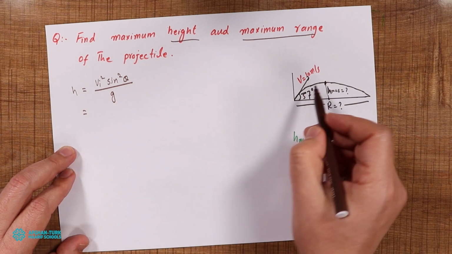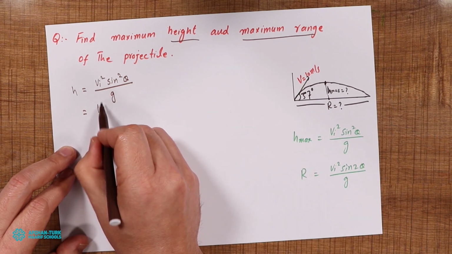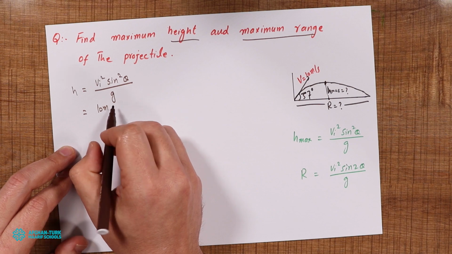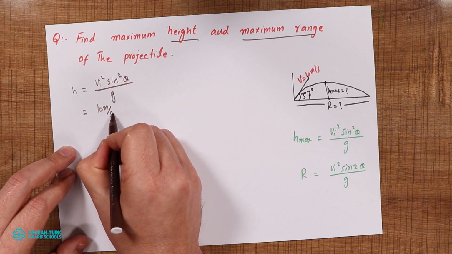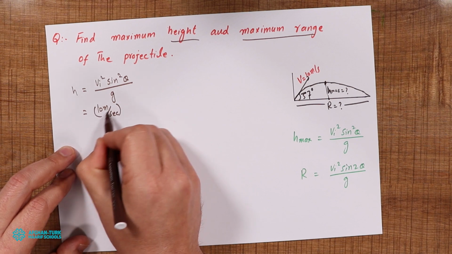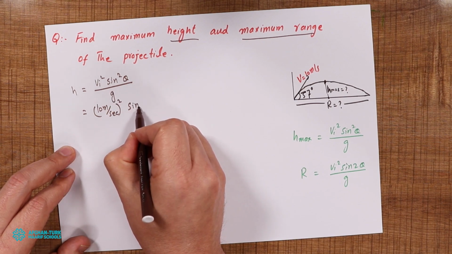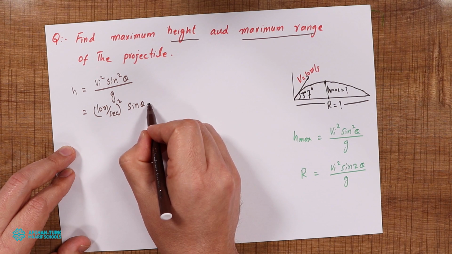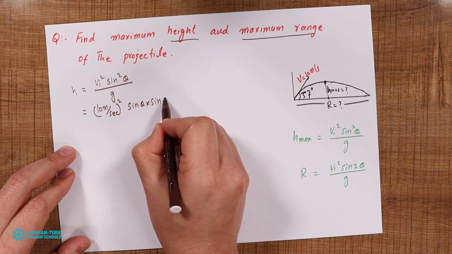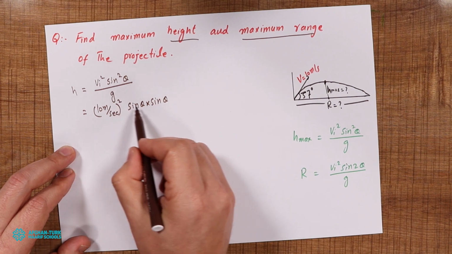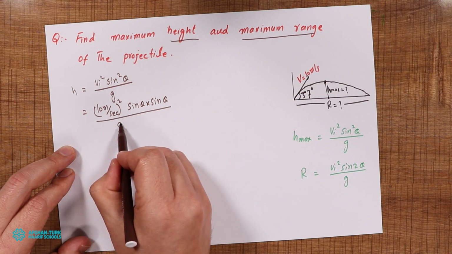Now vi here is 10 meter per second, whole square. Sine square theta we can write as sine theta multiplied by sine theta, divided by 2g.